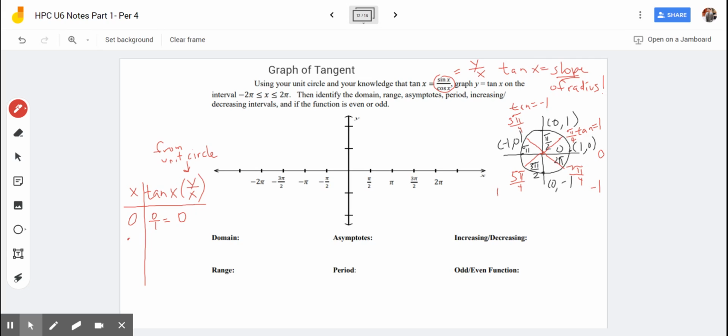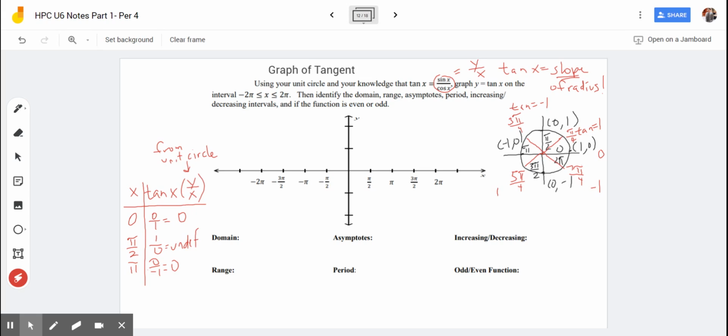At pi over 2 radians, it's going to be 1 over 0, which is undefined. Pi, same thing, 0 over negative 1, which is 0. Sorry, 0 over negative 1 is 0.